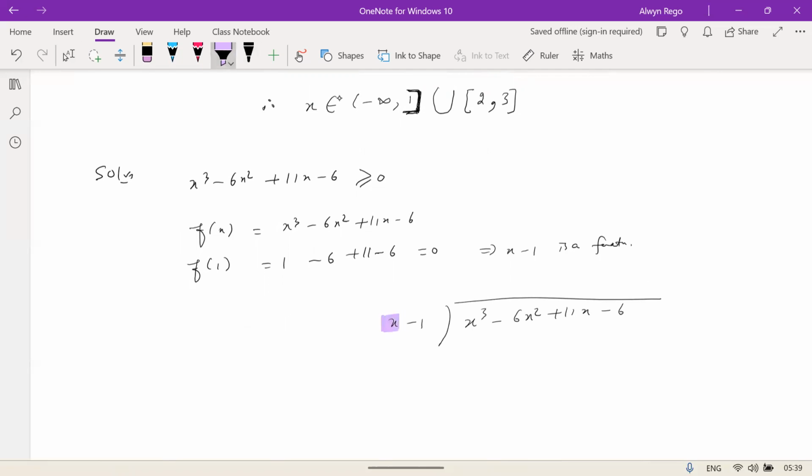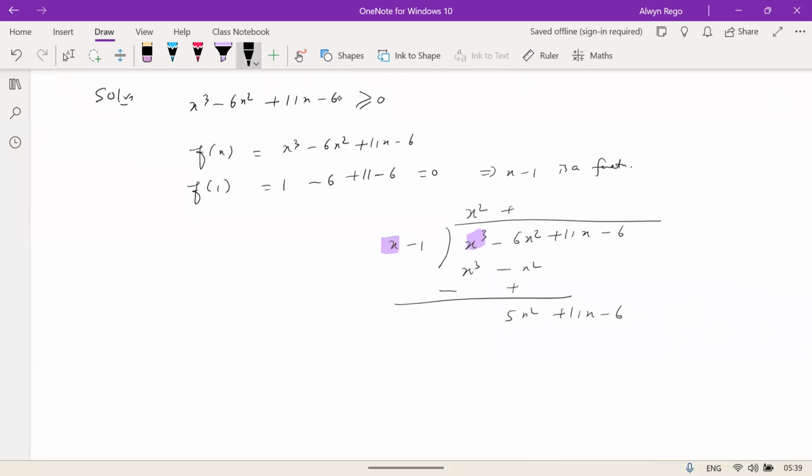So x divides x cubed, x squared times. You have x squared times x is equal to x cubed, x squared into minus 1 is equal to minus x squared here. Subtract, minus and plus, you have 5 times x squared plus 11 times x minus 6. X goes into 5x squared, 5x times here, so you have 5 times x squared minus 5 times x there.